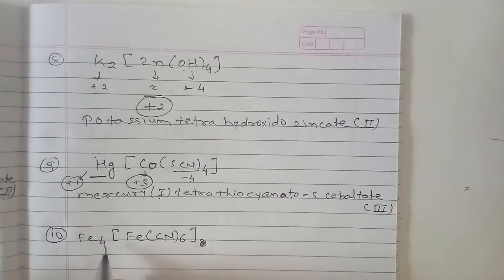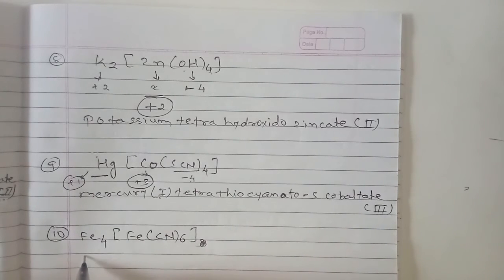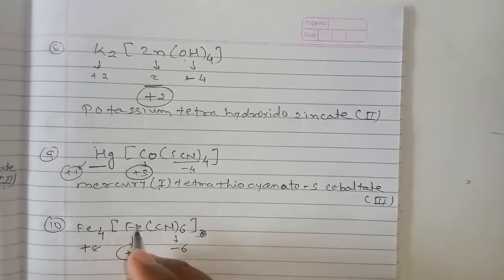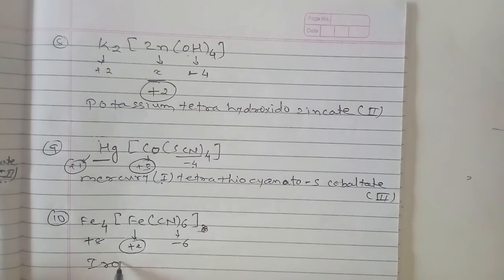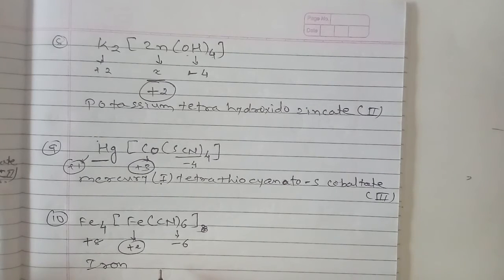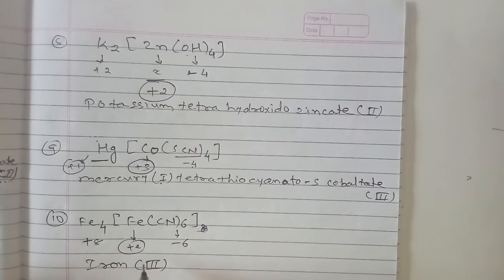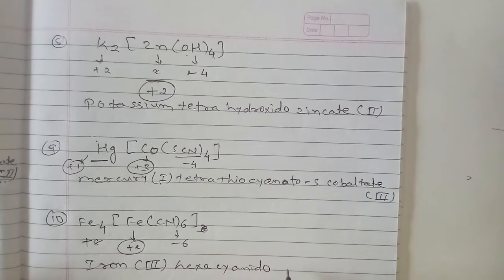The +8 and here the -6, so it is +2 for iron. Iron(III) hexacyanidoferrate(II).